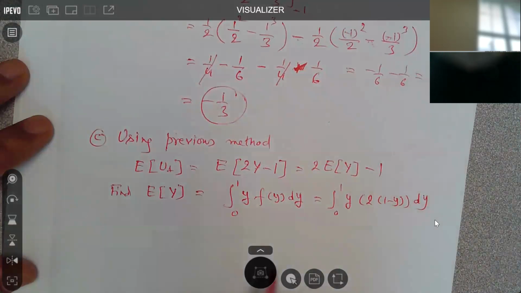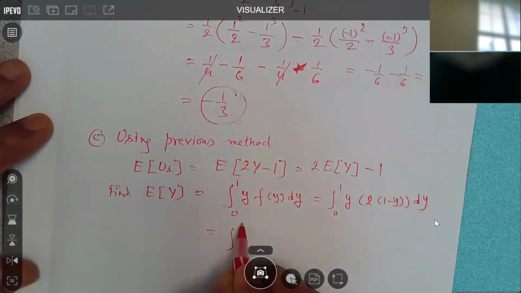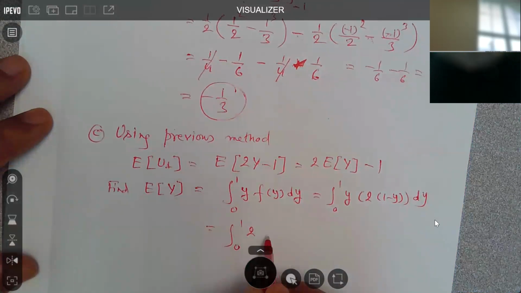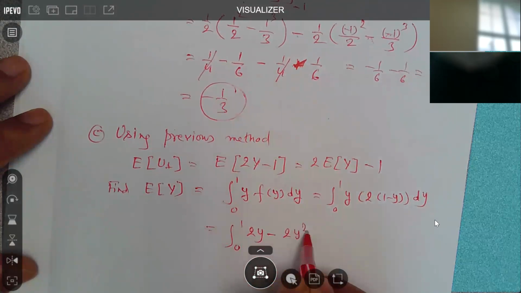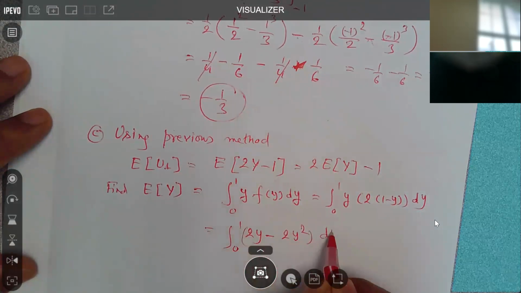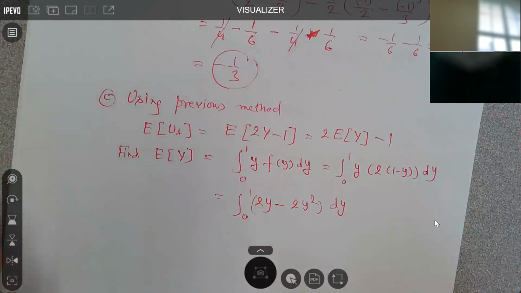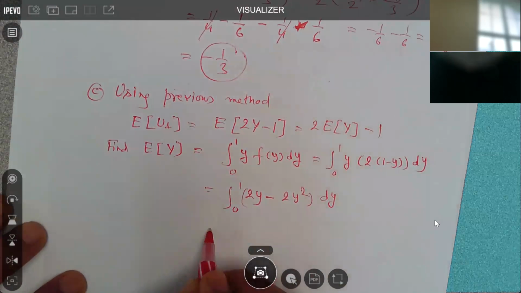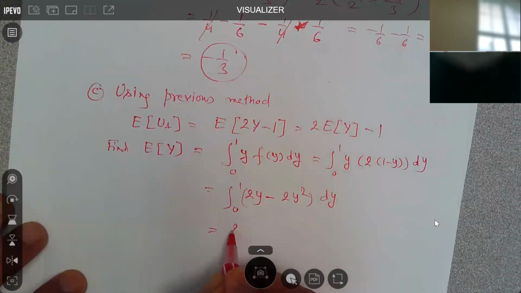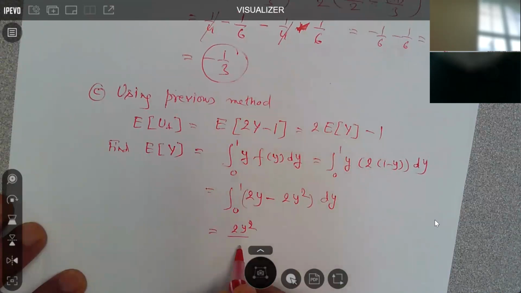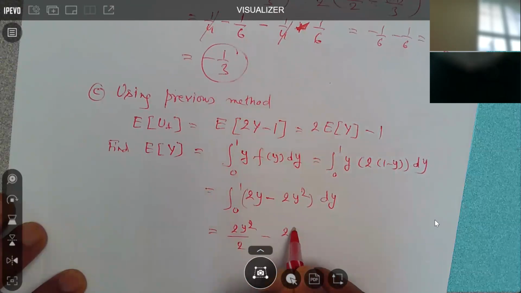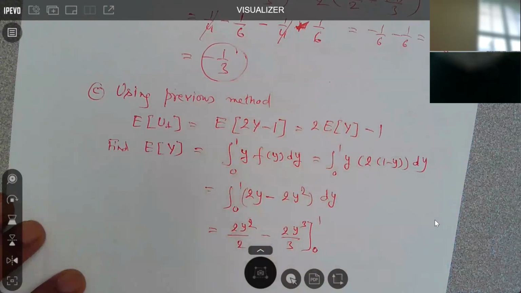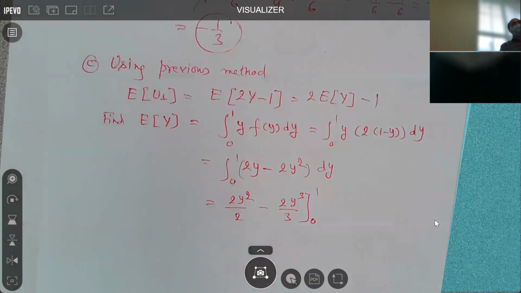Okay, so this is equal to integration 0 to 1 of 2y minus 2y square dy, right? So this is equal to 2y square over 2 minus 2y cube over 3, from 0 to 1, right?